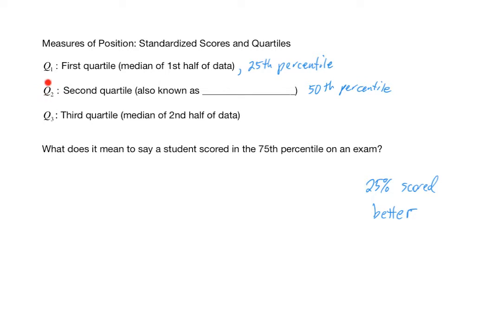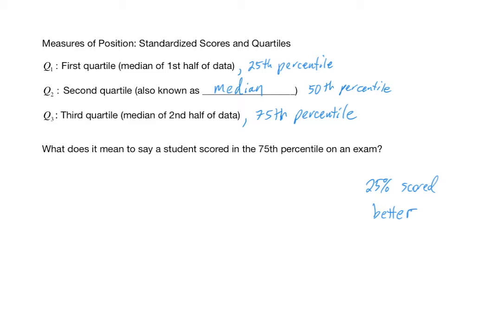What central tendency is the same thing as Q2, meaning it tells you the 50th percentile? Well, that's precisely the median. And finally, the third quartile, which is known as Q3 or Q sub 3, is precisely the 75th percentile. So we're not going to study percentiles in general. We're going to specifically look at the 25th percentile, the 50th percentile, and the 75th percentile.